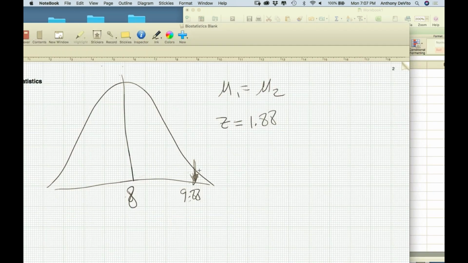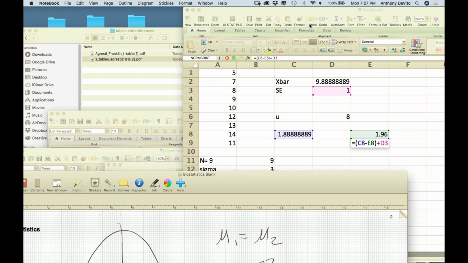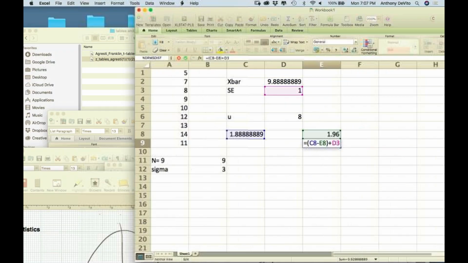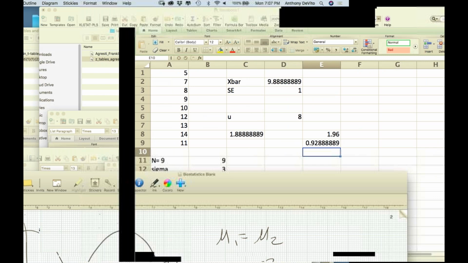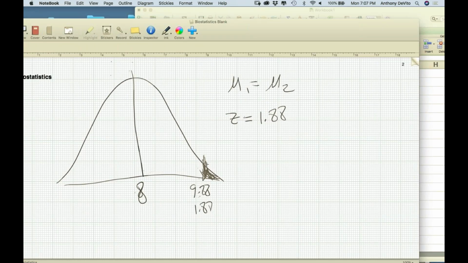So the area, the probability I'd get that extreme of a value, a z-score of 1.88 from the mean, turns out to be about 93%. That represents 93% to the left of that value. So what does that leave here?